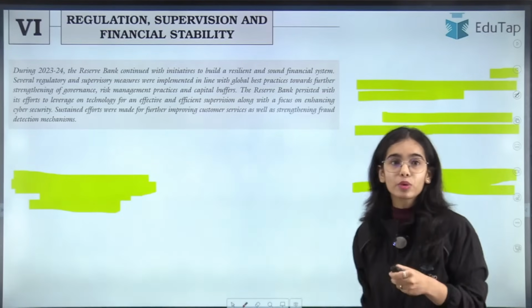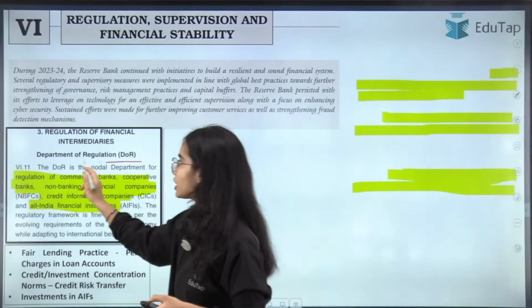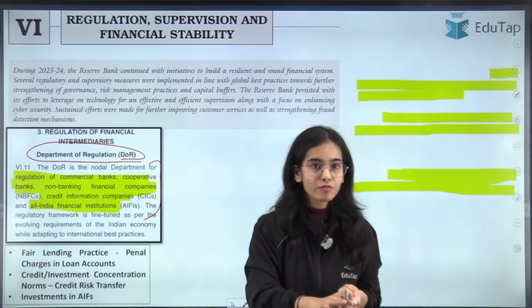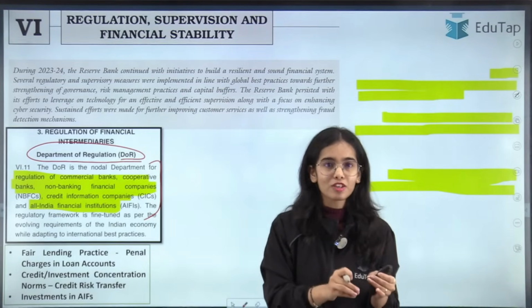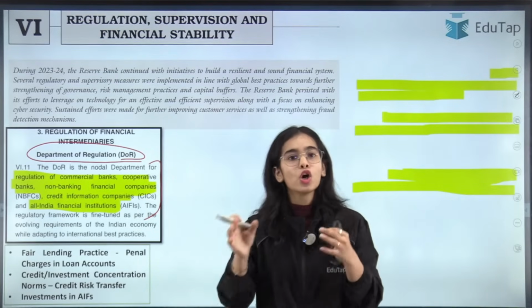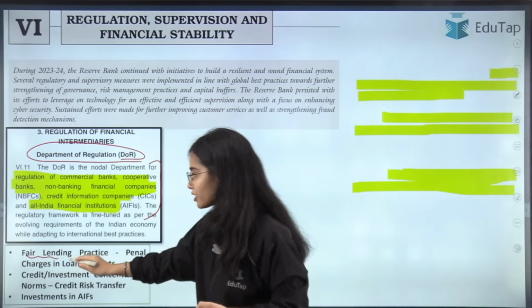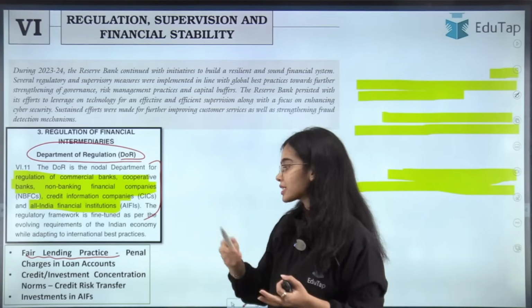Okay. Next is regulation, supervision and financial stability. So you can understand that the Department of Regulation of the Reserve Bank of India regulates the regulated entities under the Reserve Bank of India, and there are different norms brought by the Reserve Bank of India for the smooth working of the banks and the NBFCs. There were norms like the fair lending practice: you should lend in a fair manner, the banks and the NBFCs.